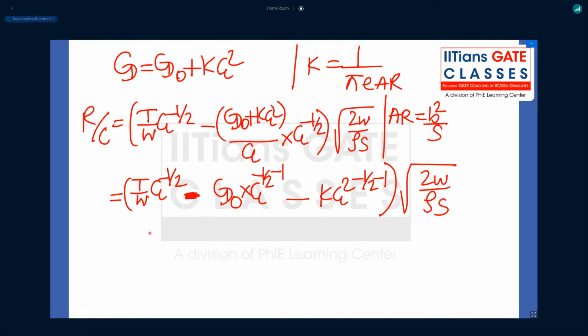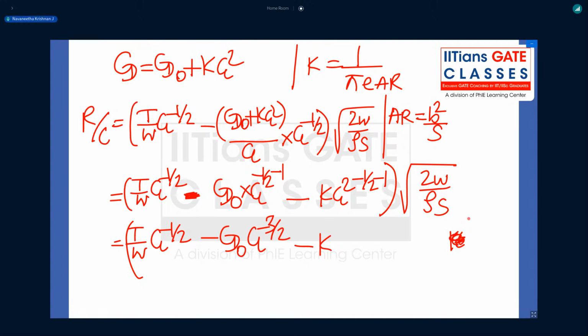If I rewrite this equation, it will become thrust by weight CL power minus 1 by 2 minus CD naught into CL power minus 3 by 2, because minus 1 by 2 minus 1 will become minus 3 by 2, minus K CL power 2 minus 1 by 2 minus 1.